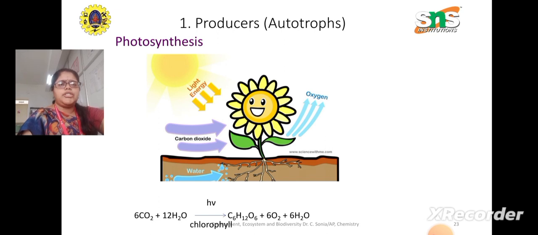This picture depicts the photosynthesis process. The light energy, carbon dioxide and water, with the help of chlorophyll, synthesize food, and oxygen is released, right?